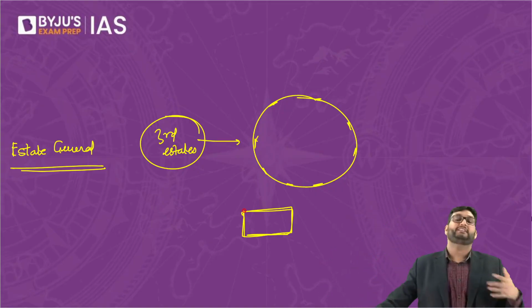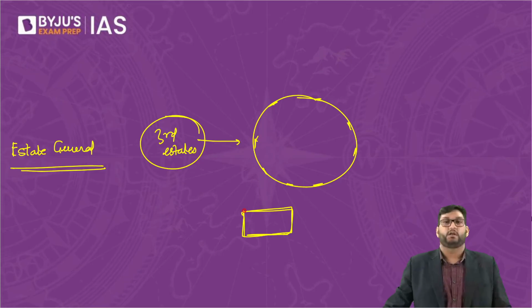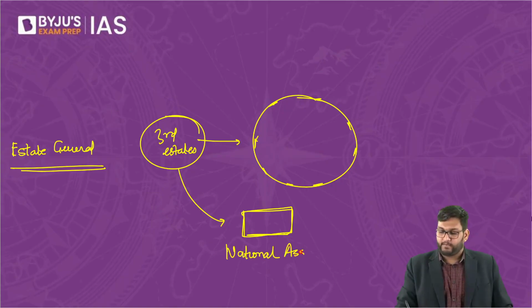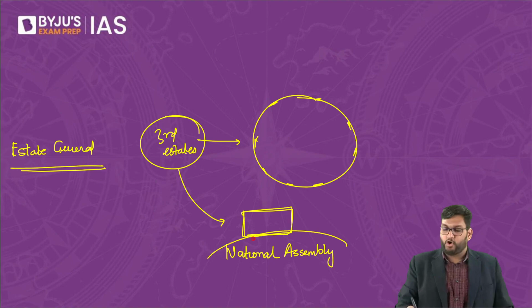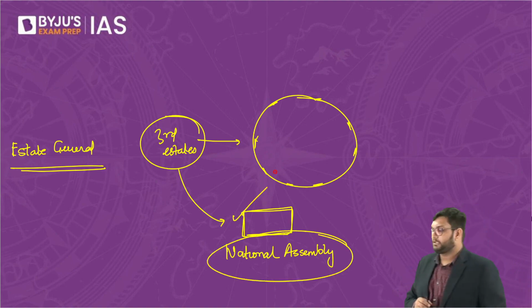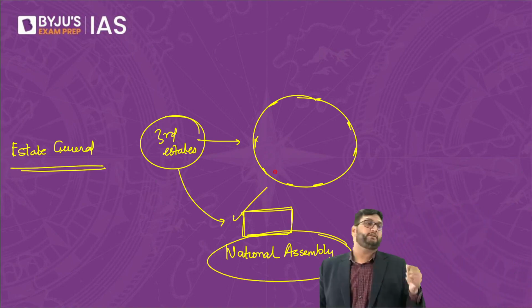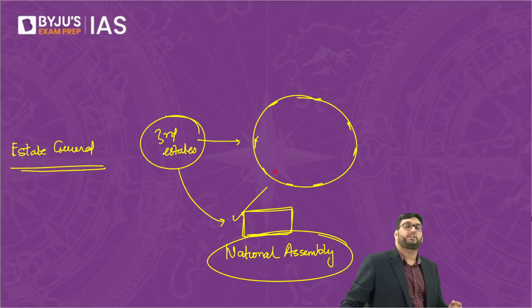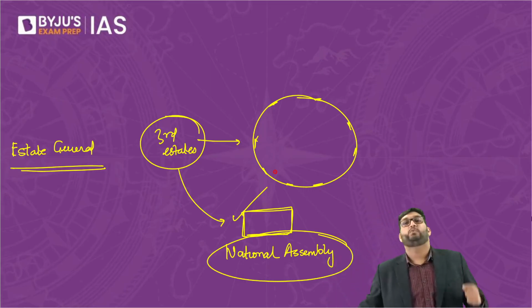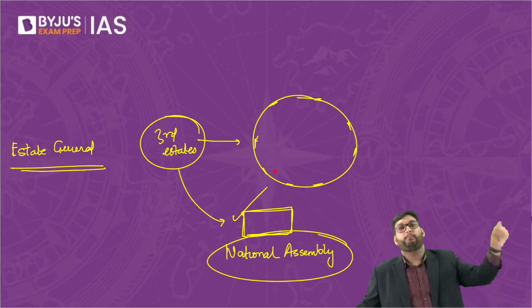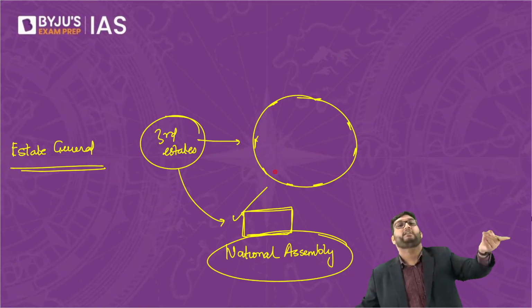And what the third estate representatives argue is that today we change our name from the third estate to the National Assembly, and we will not leave this tennis court until we write a new constitution for France, which is based on democracy. So you see how Brienne triggered the French Revolution.